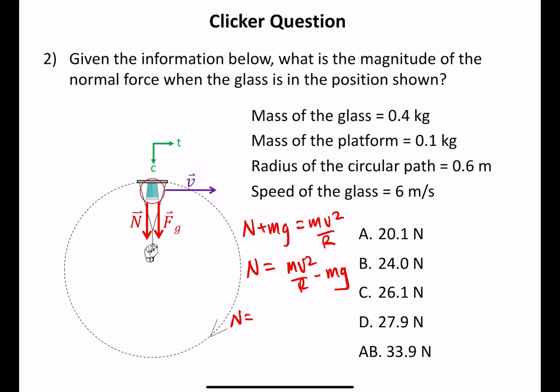So our normal force is 0.4 kilograms times 6 meters per second, squared, over the radius, just 0.6 meters. And then I'm going to subtract 0.4 kilograms times 9.8 meters per second squared. And when we plug those numbers in, we will get 20.1 newtons.